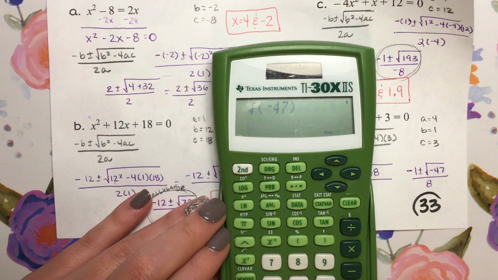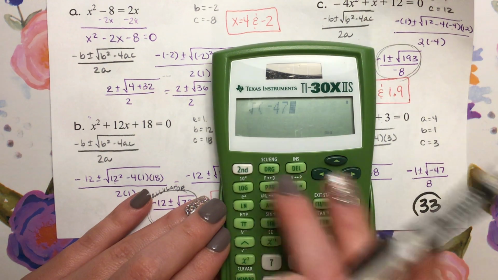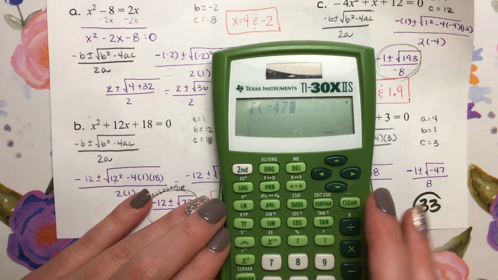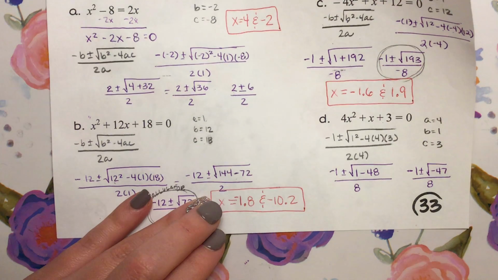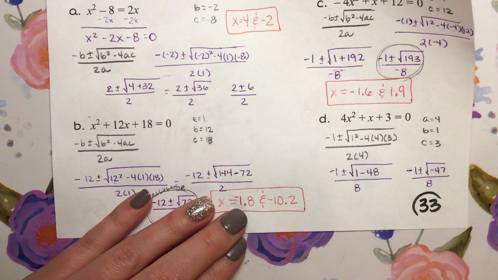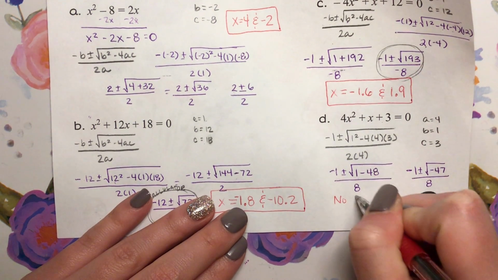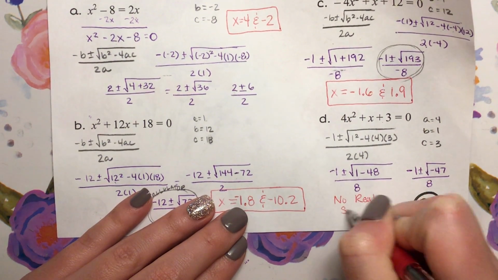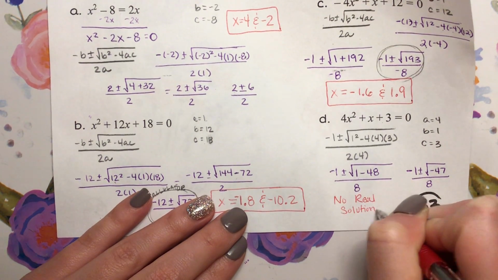Domain error. That's because what we're going to have here is something called an imaginary number, but we're not really going to talk about that in this class. So what you need to know is that when you have a negative inside a square root, then that solution is no real solutions. And then that is how we will leave that problem.